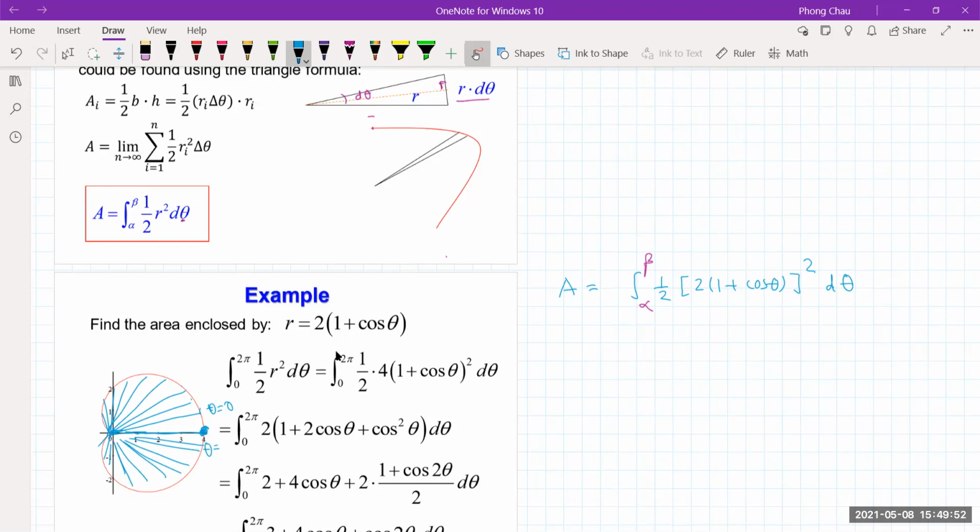Because this is our equation, I'm setting r equal to 4. So I'm going to find the corresponding thetas there. So r equals 4, or in this case, 2 times 1 plus cosine of theta equals 4. And then what you can do is divide by 2. So you have 2 equals 1 plus cosine of theta.